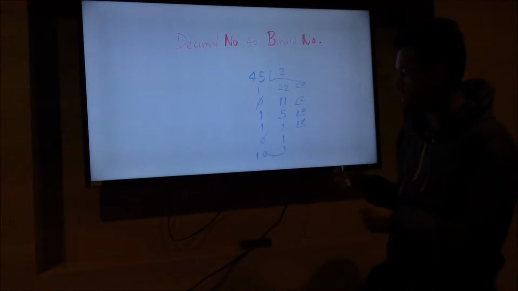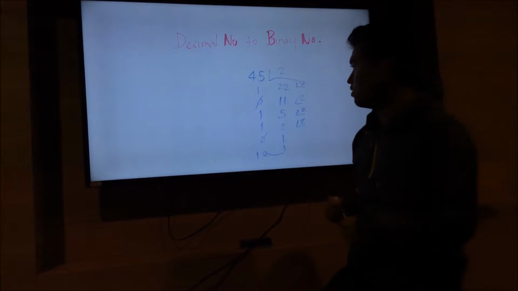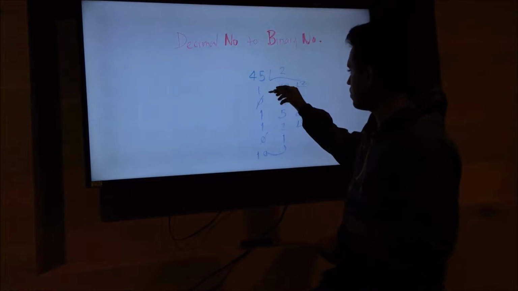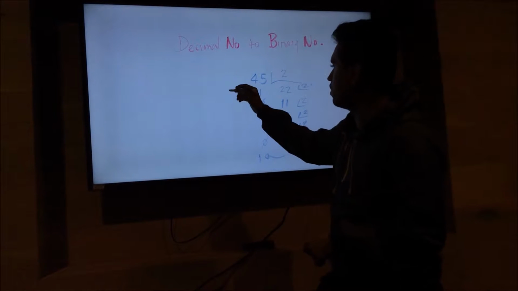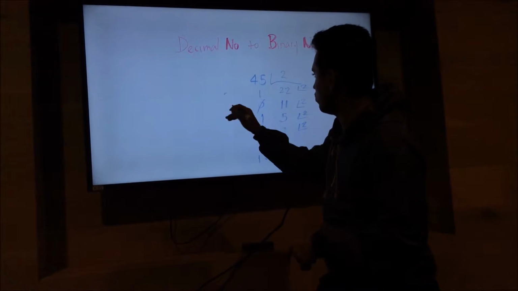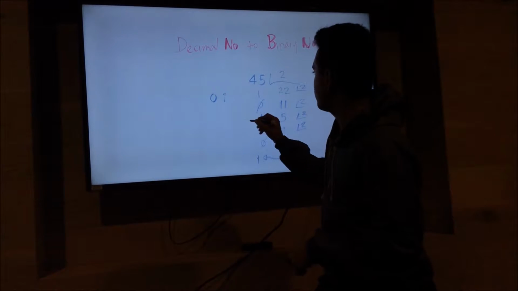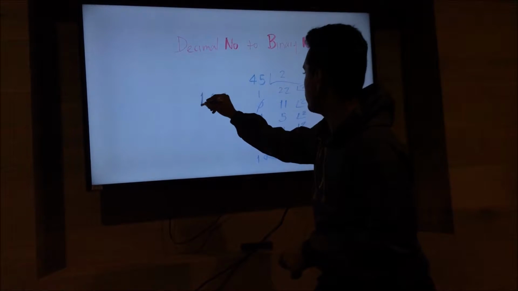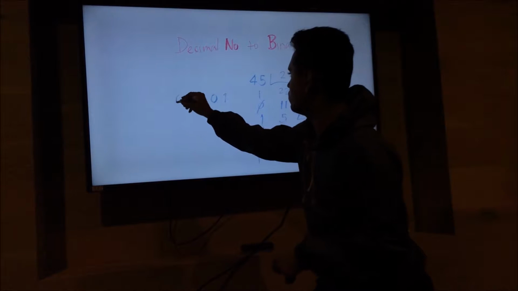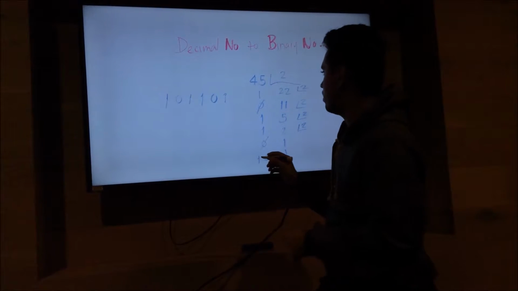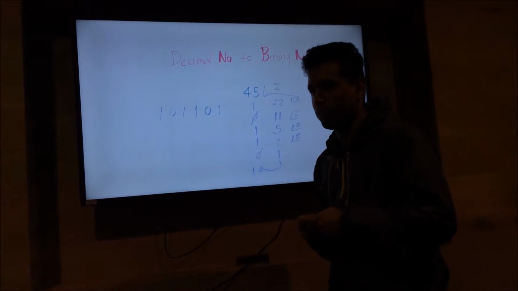Well, we have not finished, so now we place the remainders from right to left, and we start with 1, 0, 1, 1, 0, 1.